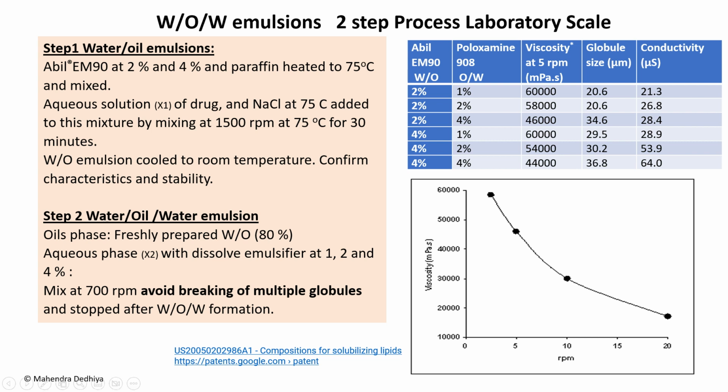Step 2 of the process is that the freshly prepared water and oil emulsion is added to the aqueous phase with dissolved emulsifier. In this case, the experiment was done at 3 different concentrations.